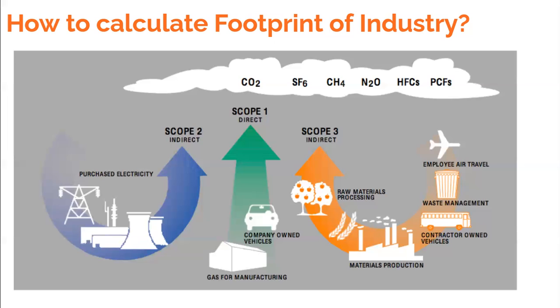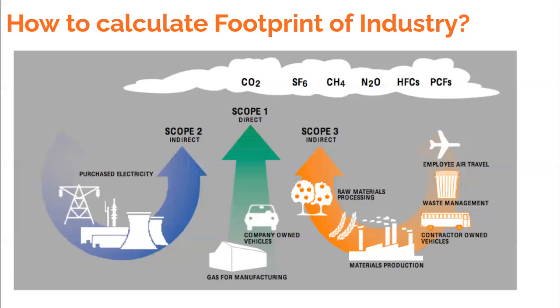The gases might be CO2, SF6, methane CH4, nitrous oxide N2O, the hydrofluorocarbons and perfluorocarbons. So all these gases might contribute to the carbon footprint, they would come under scope 1.